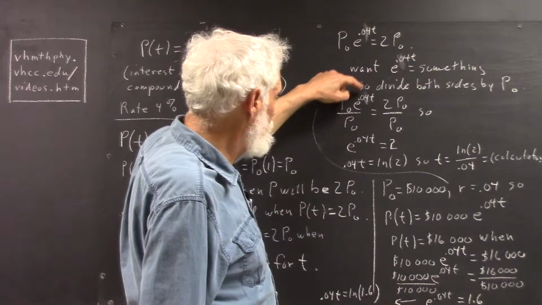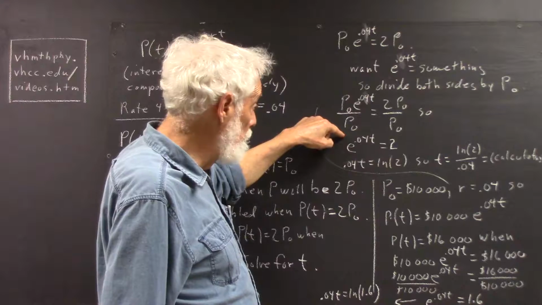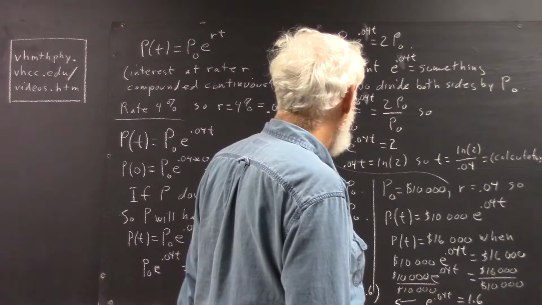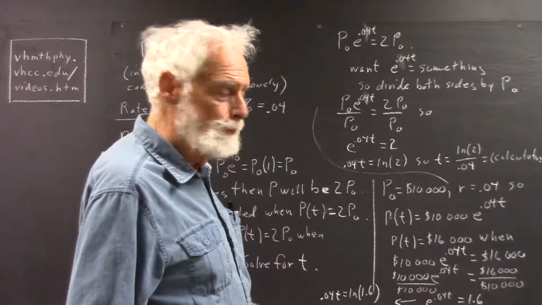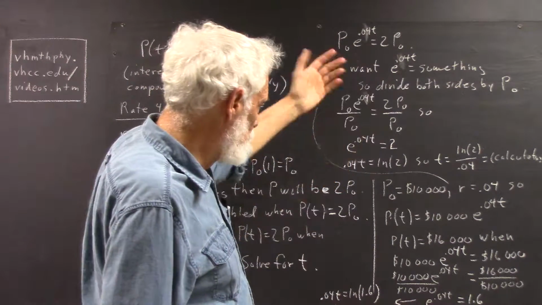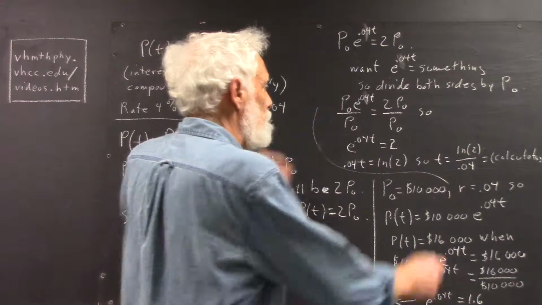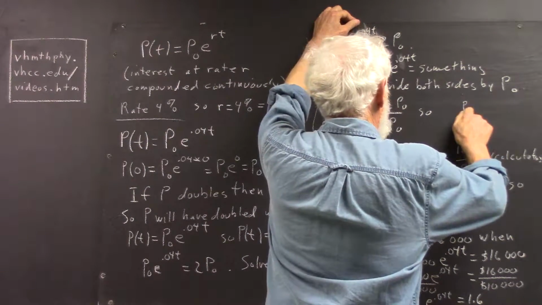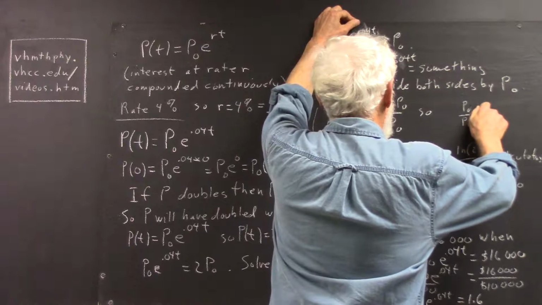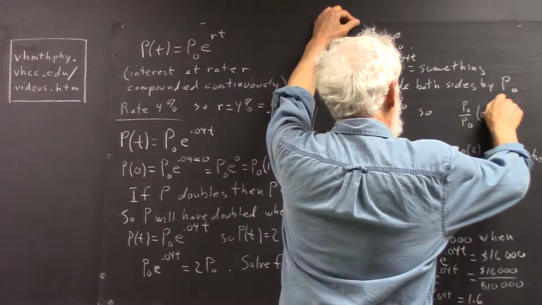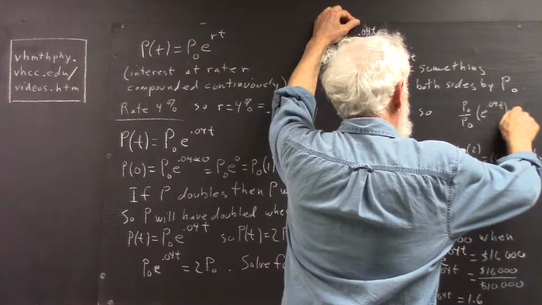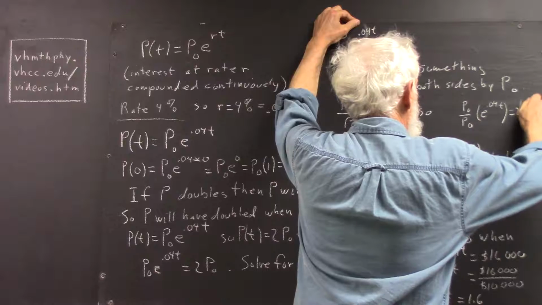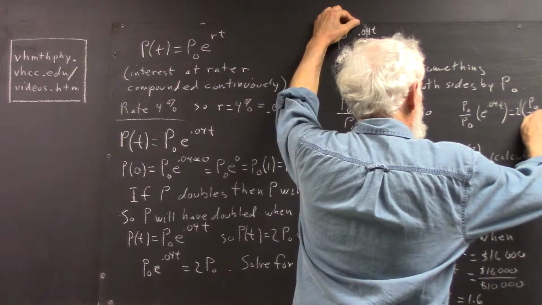We get p naught e to the 0.04 t divided by p naught equals 2p naught over p naught. And then, of course, people are going to want to start canceling stuff. I'm going to write it out here. That is the same as saying p naught over p naught times e to the 0.04t equals 2 times p naught over p naught.